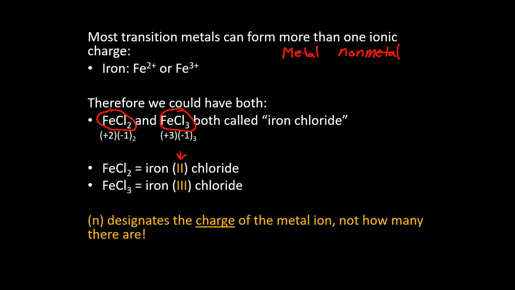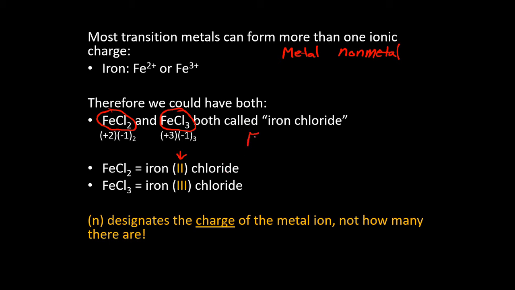Now, it is just coincidence that the name is iron(II) chloride and we have 2 chlorides. The 2, again, is telling you the charge on the metal. It is not telling you how many of the nonmetals you have.